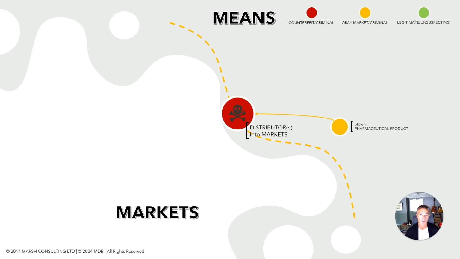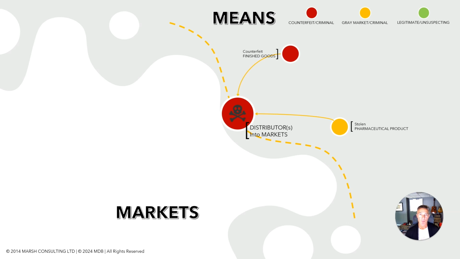Might be stolen actually from a warehouse, a pharmacy, or a transport vehicle. Obviously, pharmaceutical companies take a lot of pains, go through a lot of machinations to try and prevent this from happening, but it does happen. It's not as common as just the downright faking of entire products and finished goods, which we'll talk about here, but it does occur.